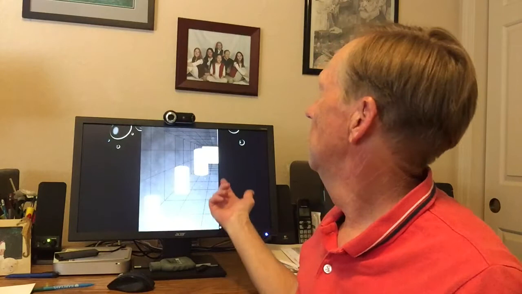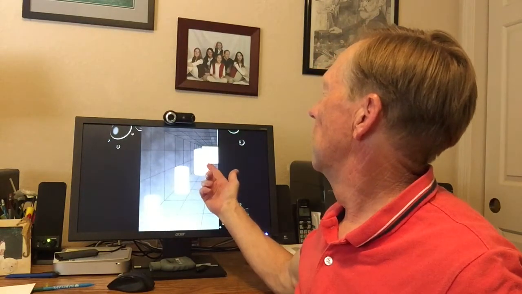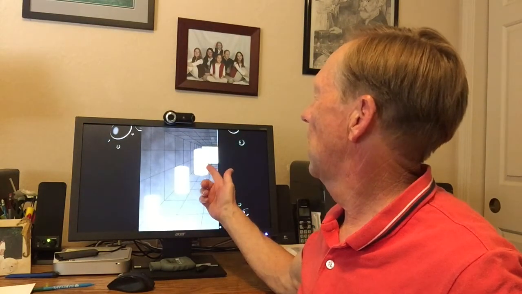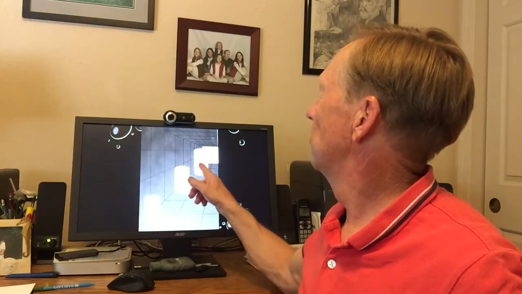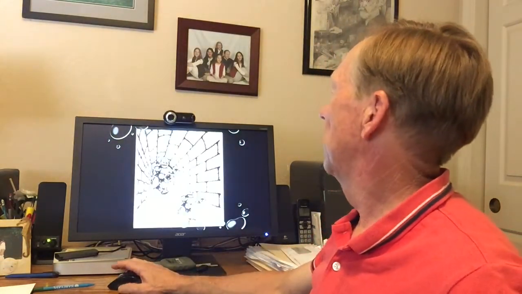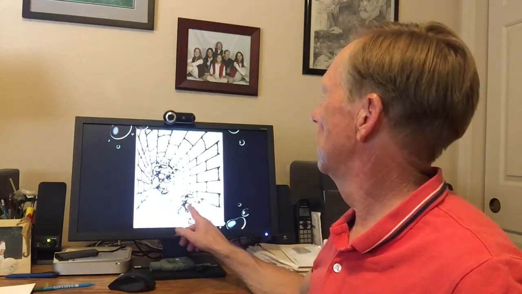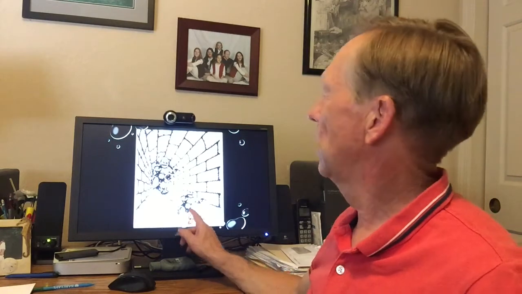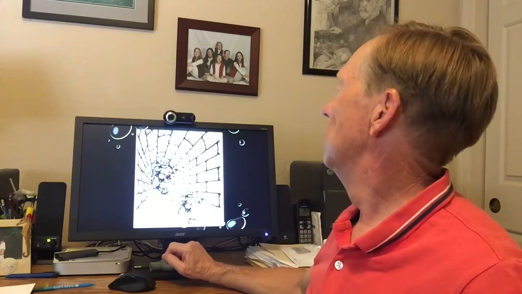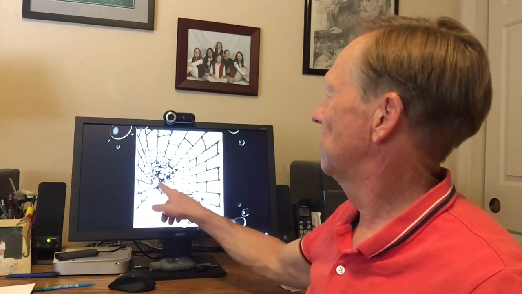But the problem is that that can lead to illusions such as this. This one that looks to be the same size to our eye as this one here is also further away, so it must actually be bigger, even though it's not. This monster here looks like it's further away than this one here. Our eyes are telling our brain that they're the same size, but our eyes are also telling the brain that this one's further away.